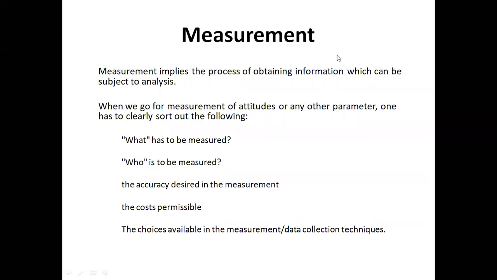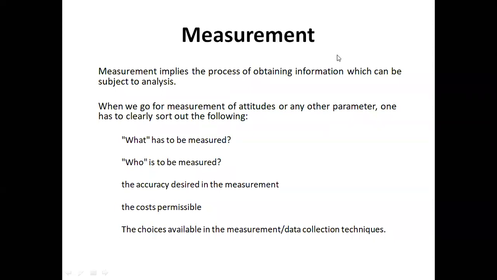Further, when we go for measurement of attitudes or any other parameter, one has to clearly sort out the following things. So when we need to measure the attitude of the respondents, at that time we should be very clear about the following questions. The first question is, what has to be measured? What do you want to measure?